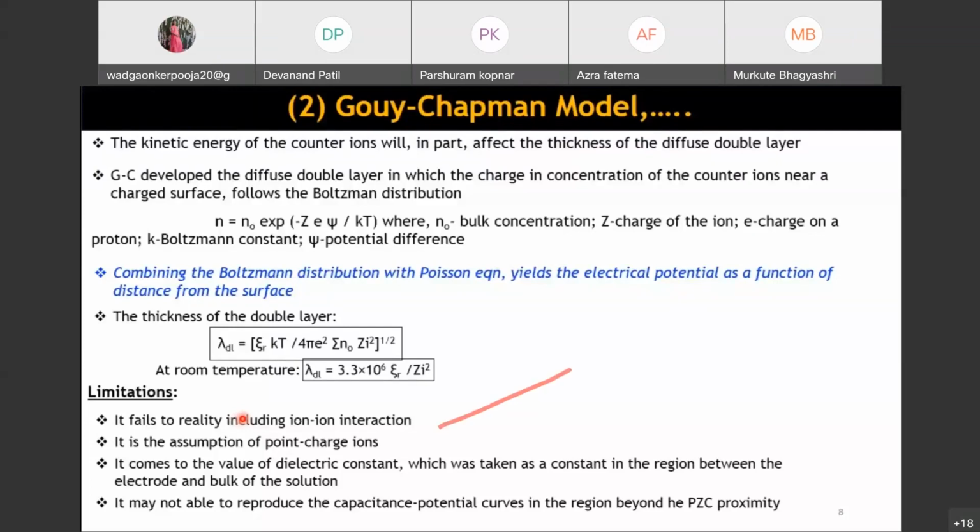It comes to the value of the dielectric constant, which was taken as a constant in the region between the electrode and the bulk solution. And this is nothing but a limitation. It means that whenever you consider the electrode and its bulk solution, it is very important to know the dielectric constant of that solution. But here, could the Gouy-Chapman model explain it? No. And one more limitation is that it may not be able to reproduce the capacitance potential curves in the region beyond the PZC proximity.